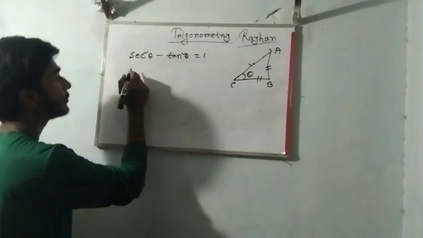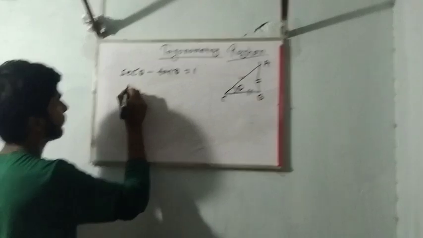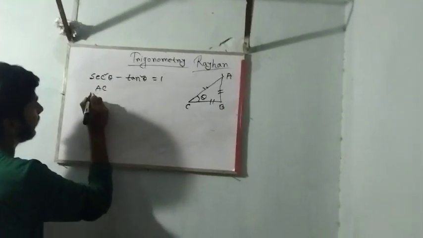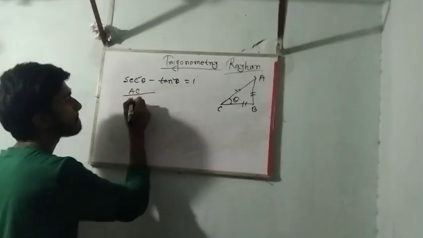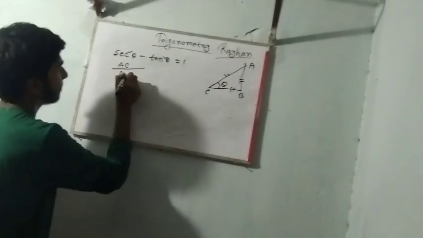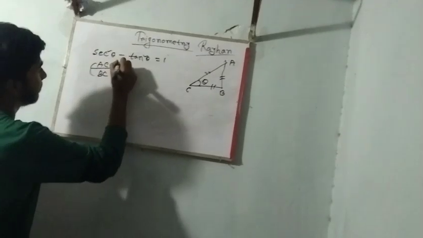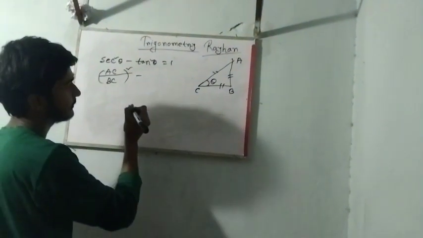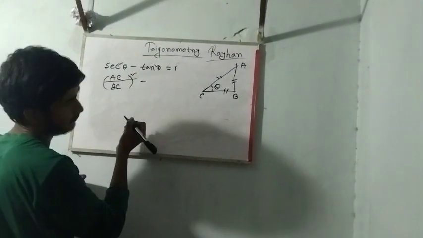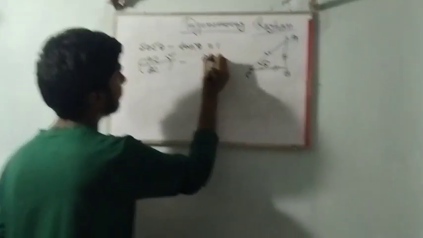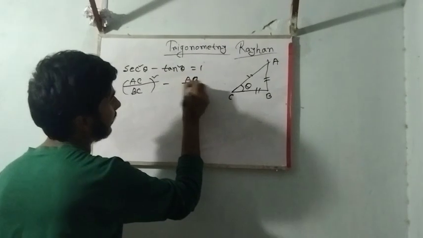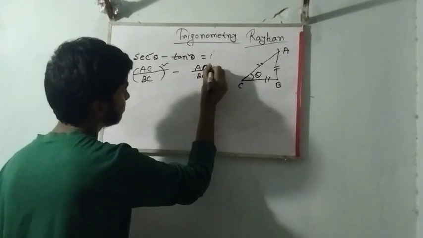Hypotenuse is AC and the base means BC, whole square, minus tangent, which is the ratio of perpendicular and base. Perpendicular is AB and base is BC.